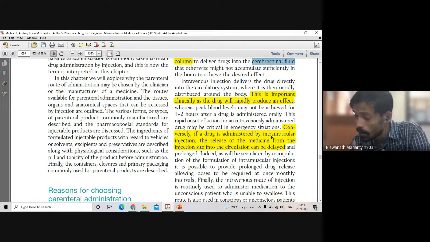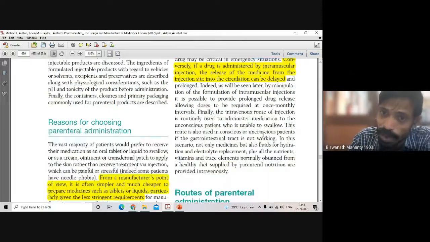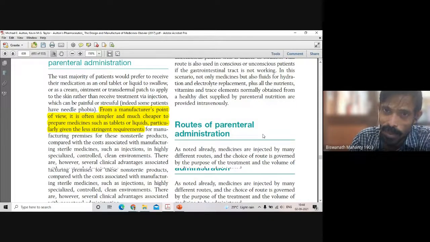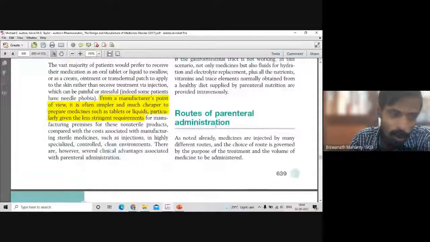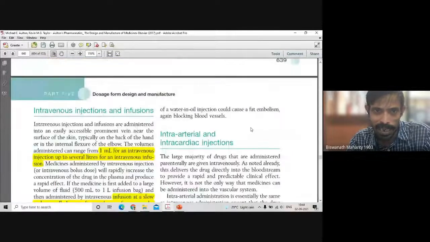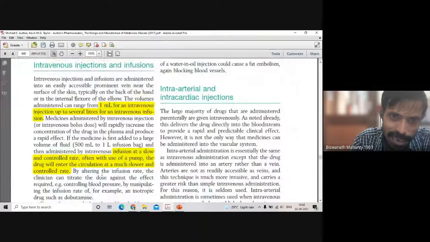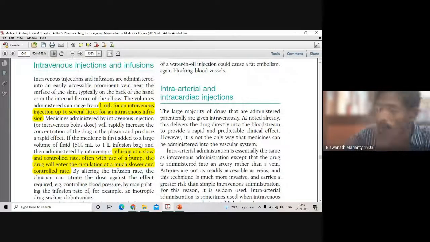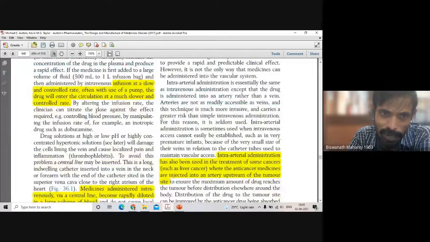So actually you are also increasing the time if you want to have intramuscular injections. Now how are you going to inject? There are many varieties. As I told you, you can have some 1 ml injections, to sometimes infusion with more controlled rate, and maybe a few liters we can inject, maybe a 1 liter infusion bag or 500 ml infusion bag. So this can be done.